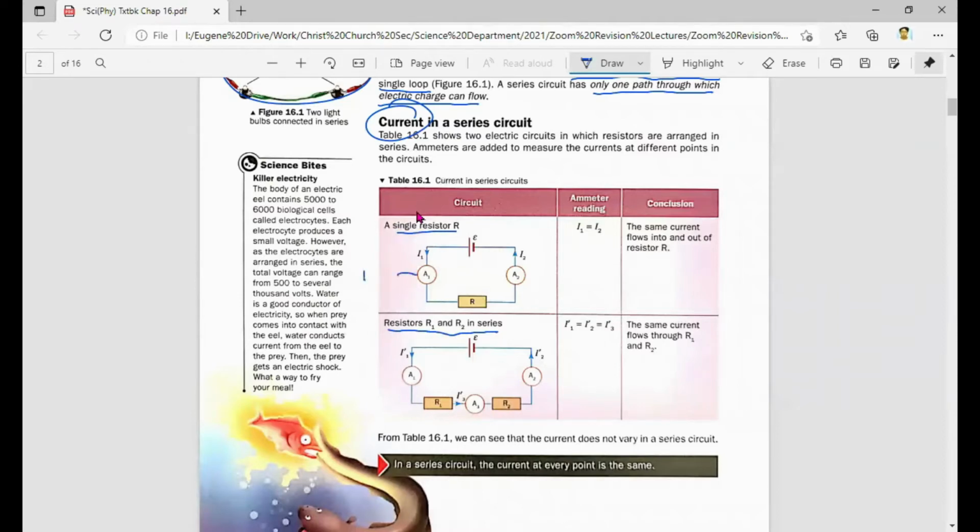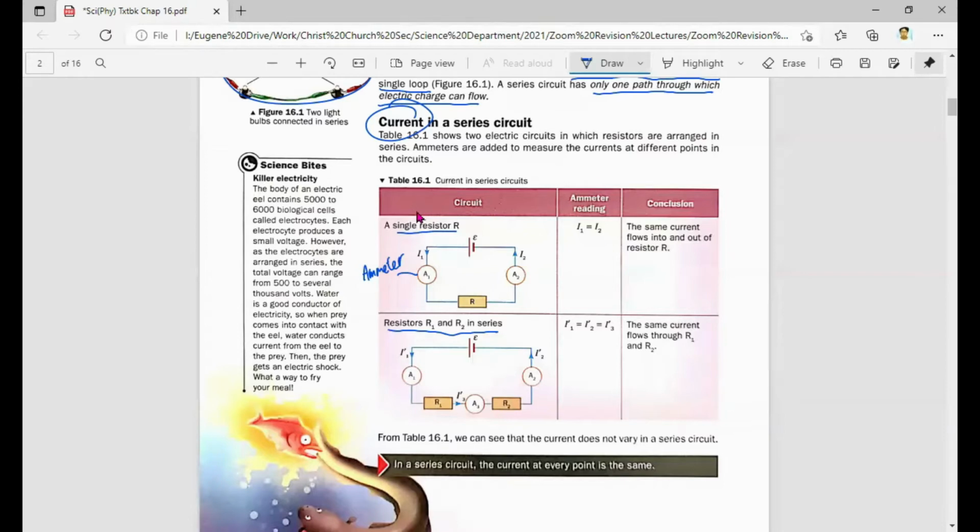This is an ammeter, in case you are not so sure. An ammeter measures the amount of current flowing at that particular point. I have two ammeters here. Ammeter A1 will measure the current I1, and ammeter A2 will measure the current I2.